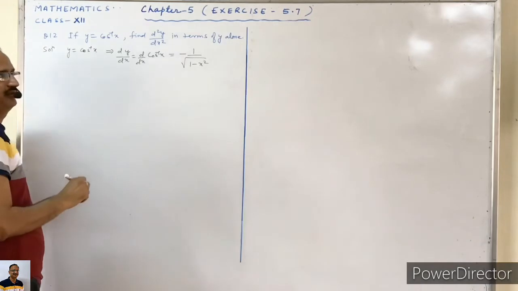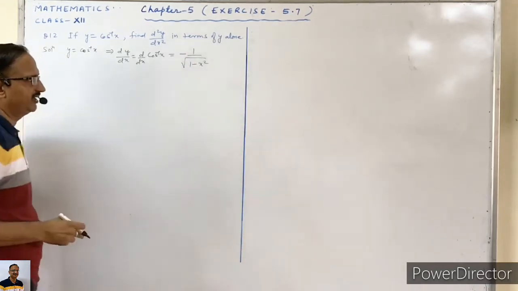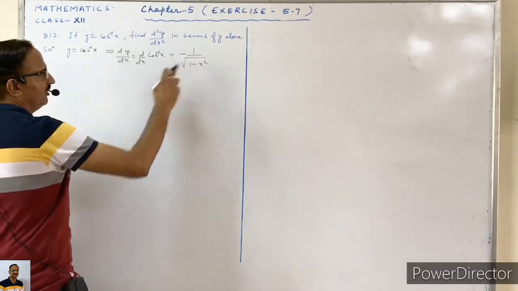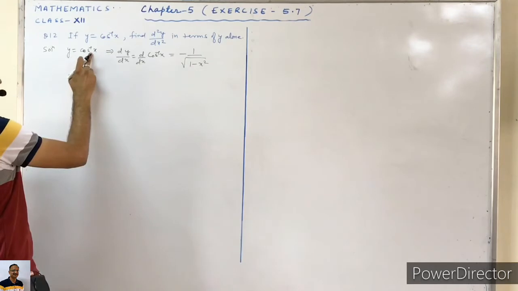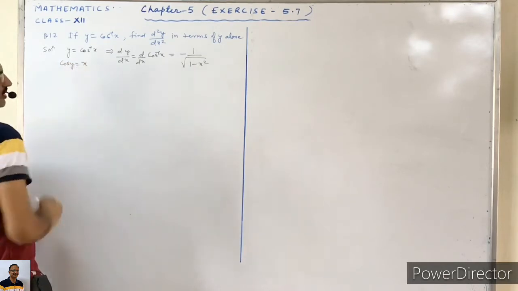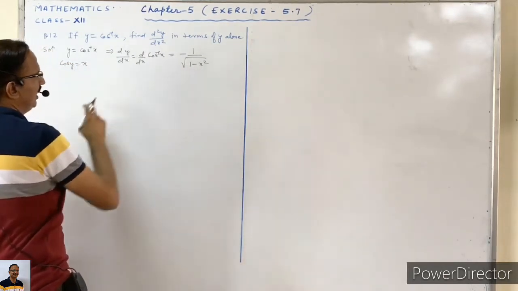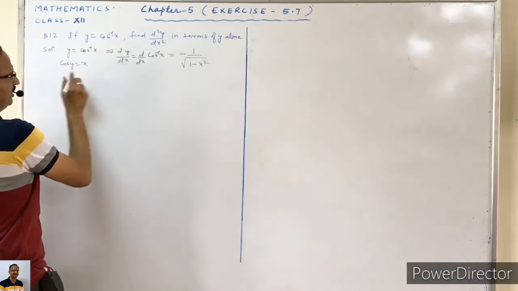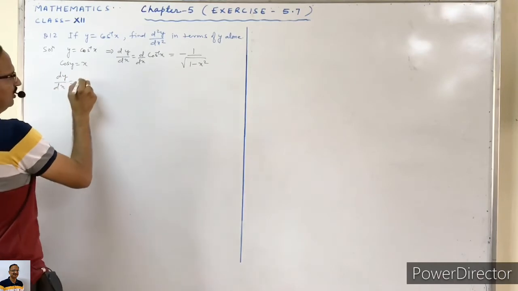Now since we want the result in the form of y alone on the right hand side, so we will put the value of x. So from here, y equals to cos inverse x. So what is x? X is cos y.